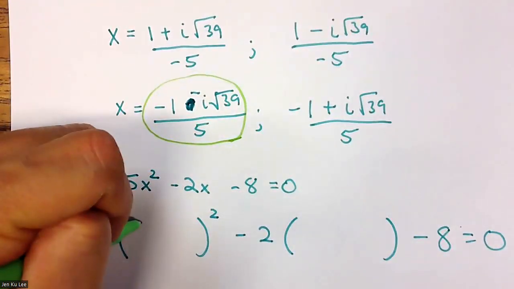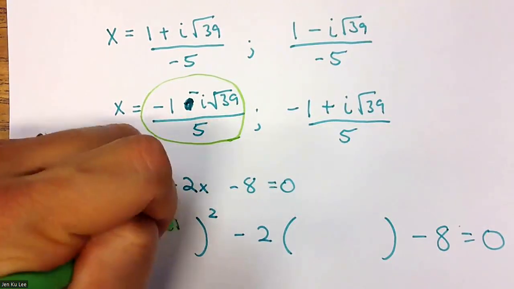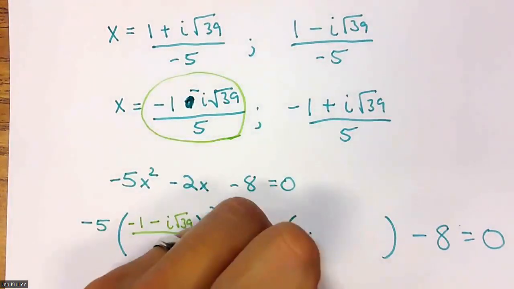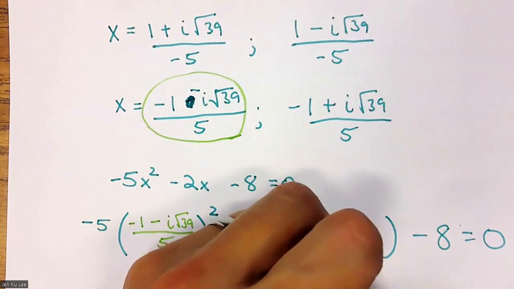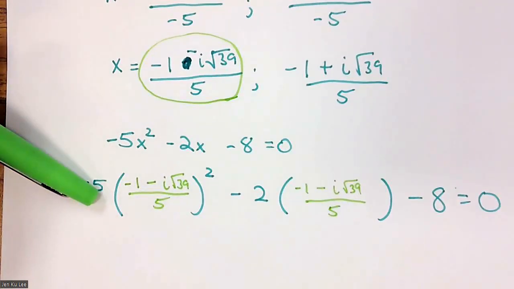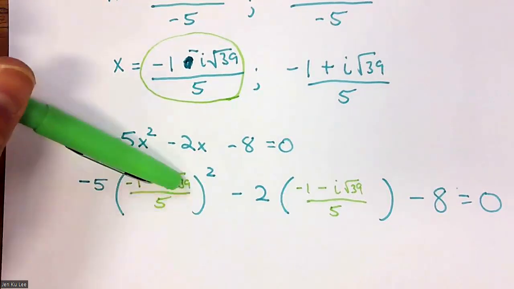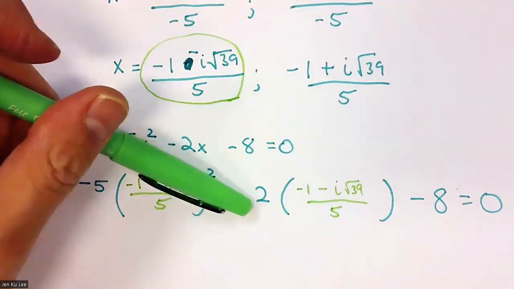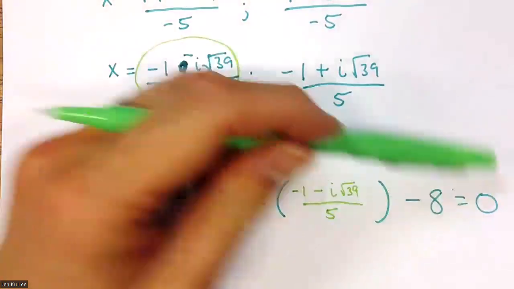So we're going to plug in negative 1 minus i square root of 39 over 5, squared. So negative 5 times x squared, instead of x, I'm going to plug in one of my solutions, squared, minus 2x, instead of x, I plug in this solution, minus 8 equals 0.